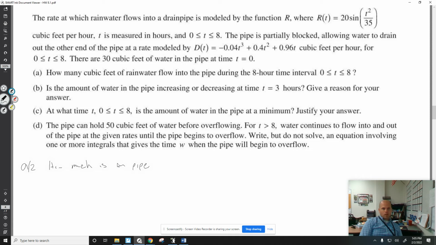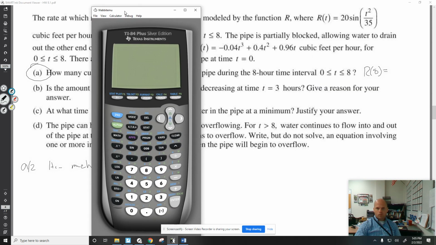Okay. Now, a lot of people, again, haven't done these problems before. They read the question, the rate at which rainwater flows into the drain pipe is modeled by R over the 8 hour interval. A lot of people think, let's plug in 8. And they're like, okay, I'm going to get 20 sine 64 over 35.